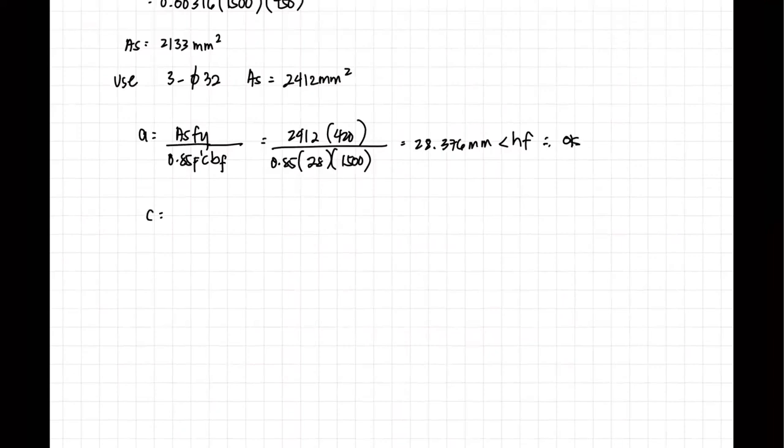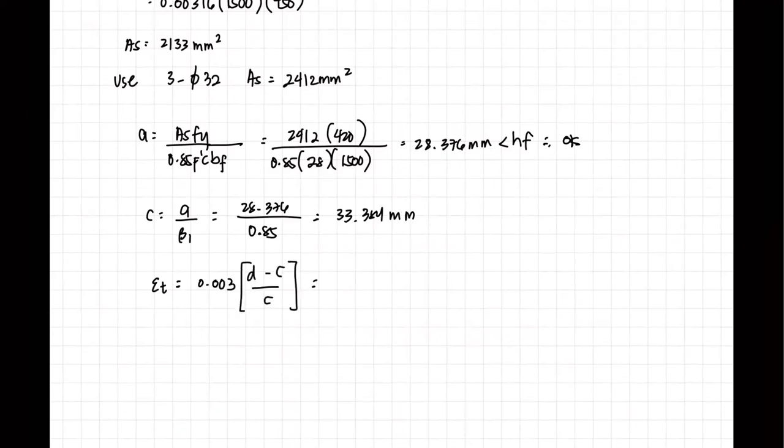Okay? Then c, we have a over beta 1. Since our f'c is 28, so beta 1 is 0.85. So 33.384 mm. Our strain will be 0.003 times d minus c over c. Substituting the value, 0.003 times 450 minus answer over answer.